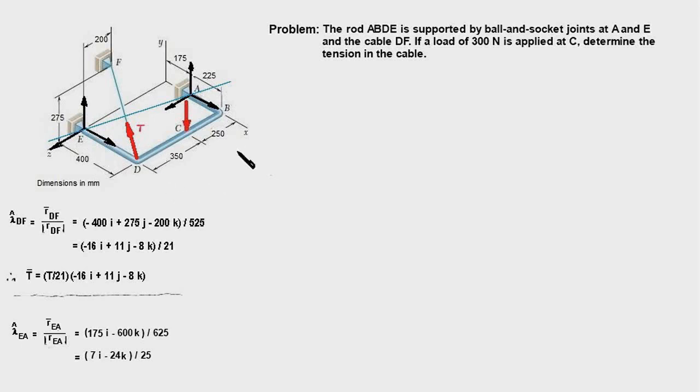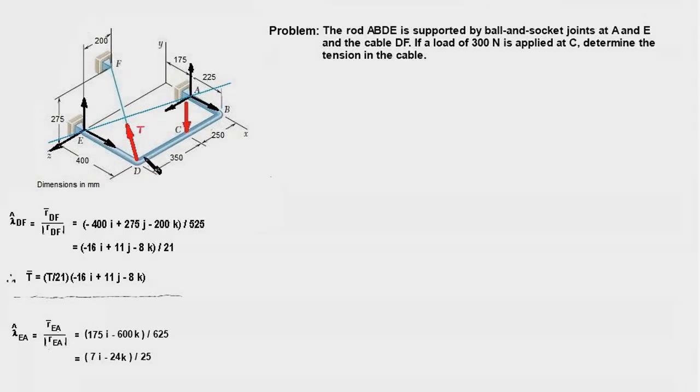So before we write the moment equation, let's find out the force T in vector form, and that will be equal to the magnitude of the tension T times a unit vector lambda_DF, and lambda_DF is equal to the position vector r_DF divided by its magnitude, and r_DF is minus 400 i, 275 j and minus 200 k.